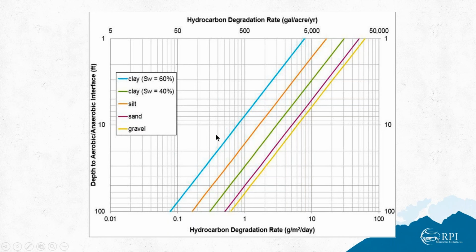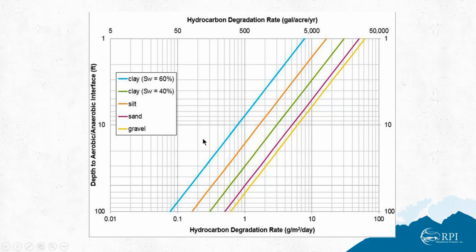As we get deeper, particularly on hydrocarbon contaminated sites, we begin to travel into the anaerobic zone. The lines here represent different soil types: this one is clay, higher moisture content, and we have silt and clay with a lower moisture content, and then we also have sand and gravel.